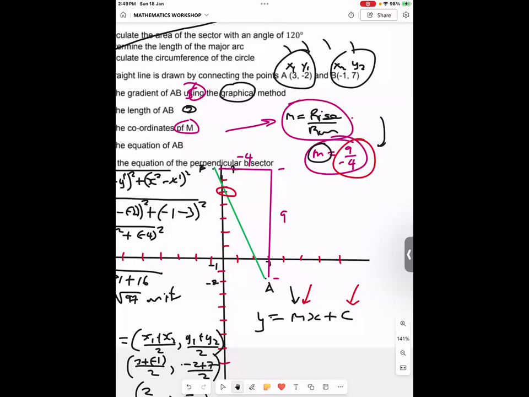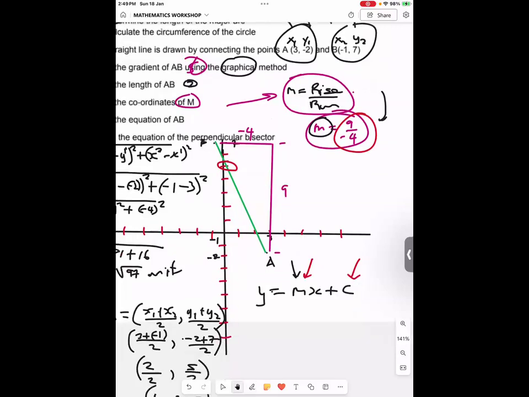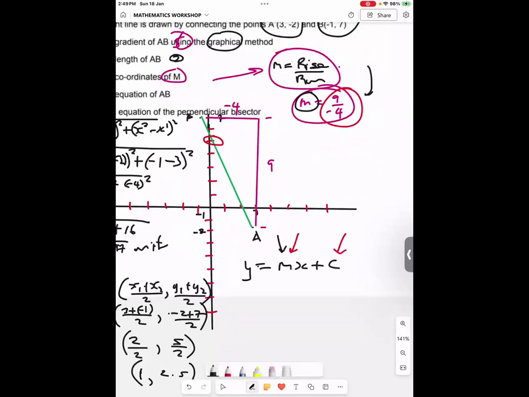Let's see what happens when we put those numbers in. Y is negative 2 and x is 3. So y is negative 2, and we know that m is negative 9 over 4. And we know that x is going to be times 3. And then we're looking for c.